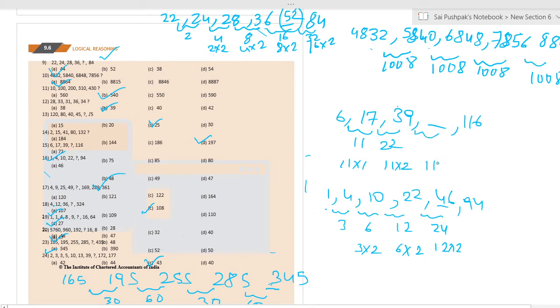The next difference is 11 into 3, it is 33. What is 39 plus 33? It is 72. The next difference will be 11 into 4, that is 44. 72 plus 44 is 116. So the answer is 72.